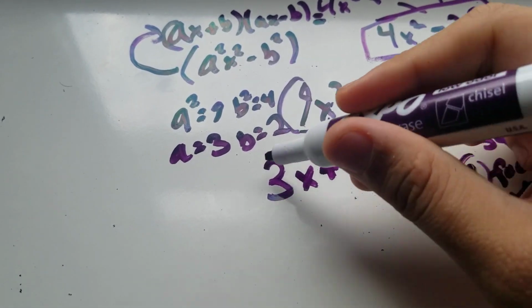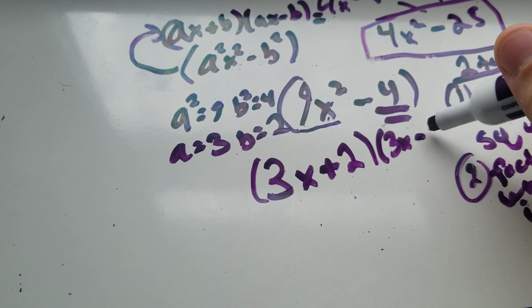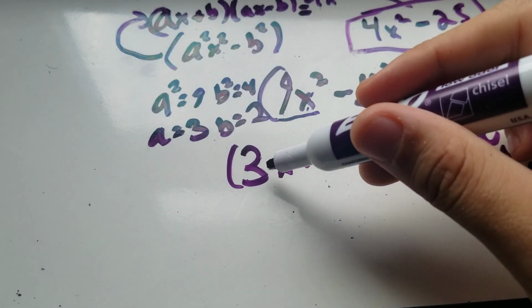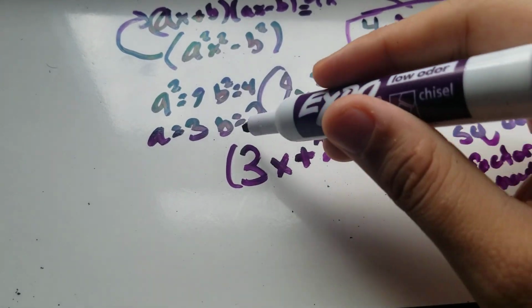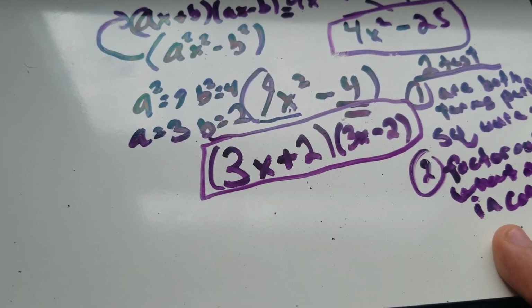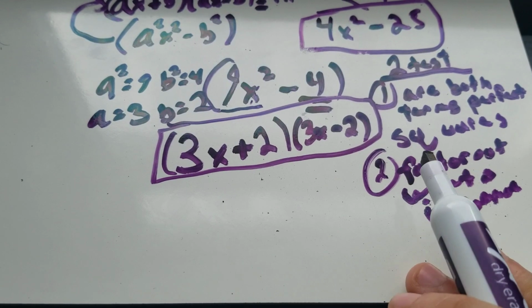So you have to make sure you know your basic square roots in order to do this. So 3x plus 2, 3x minus 2, you're done. There's nothing more you can do, because these pass the tests, you know for a fact there's nothing more you can do.